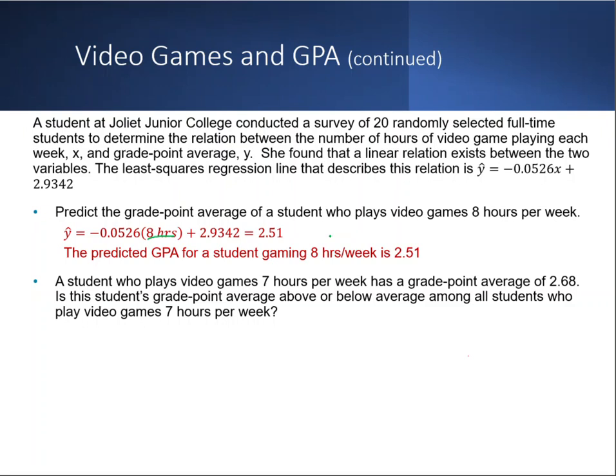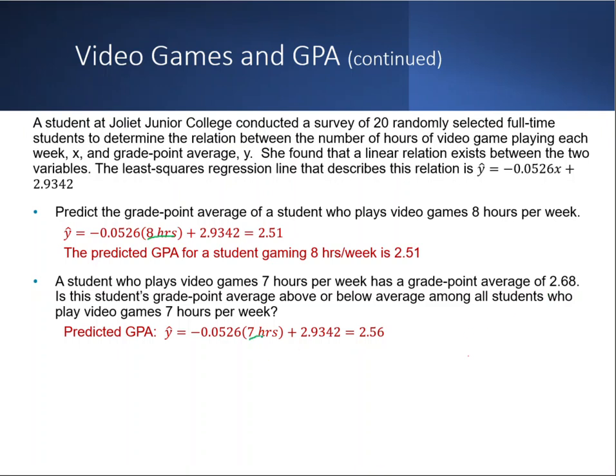The next sentence says, is this student's GPA above or below average among all the students who play video games 7 hours per week? In order to figure this out, we need to come up with what we predict the GPA would be for somebody playing 7 hours per week and compare that to the 2.68, which is what's actually happening. So again, using the formula that we started with, we want to predict the GPA for 7 hours.